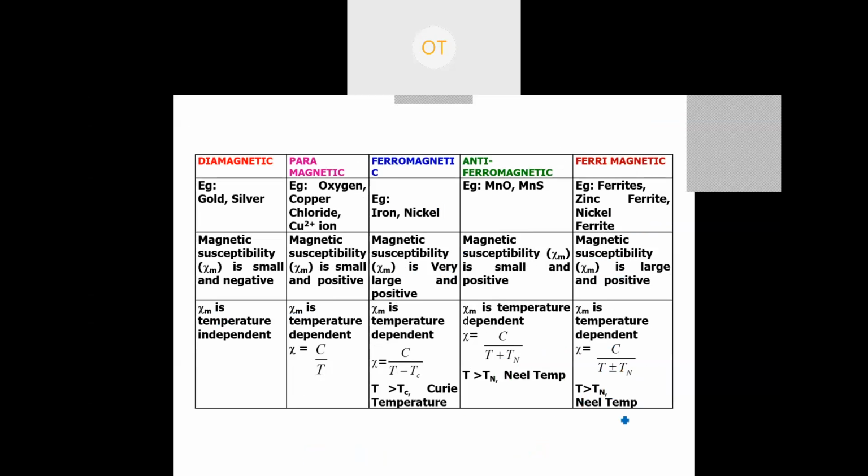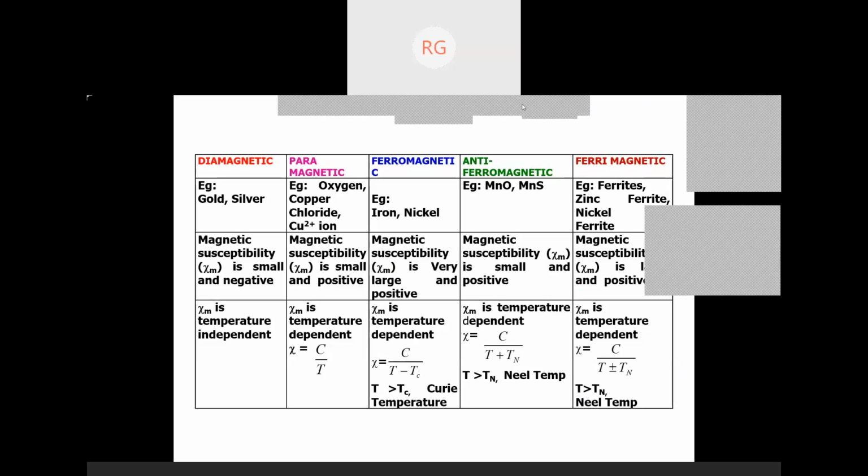And the other classifications of these materials, I have given some examples here. One example for diamagnetic material is the well-known precious metals like gold, silver, etc. And the examples of paramagnetic materials are oxygen, Cu2+, copper chloride or the Cu2+ ion only, but not copper.